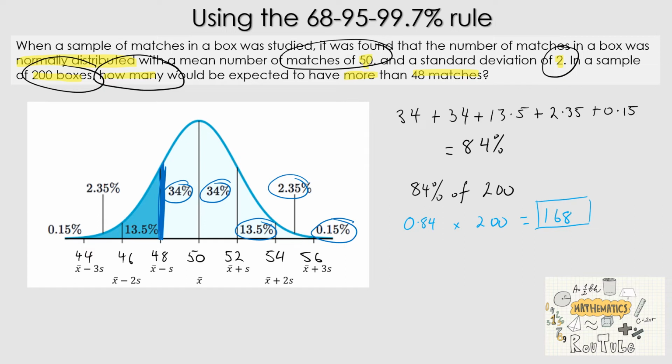Please make sure you don't stop at the percentage. It's really important that you understand whether you're asked for the percentage or the number of. These are two questions that are really common when dealing with the 68, 95, 99.7% rule. Read the question and answer really carefully.